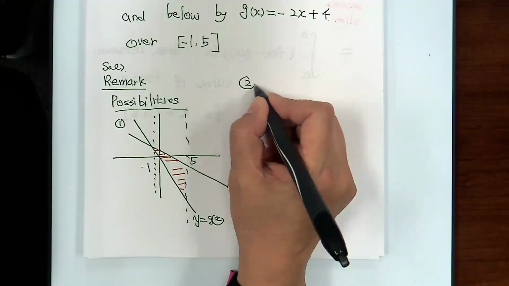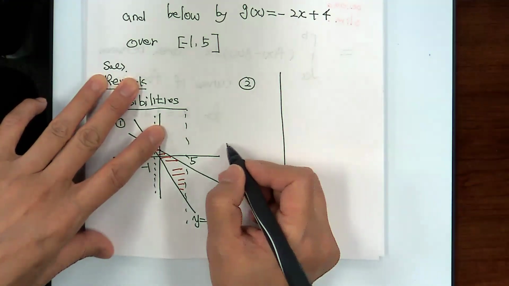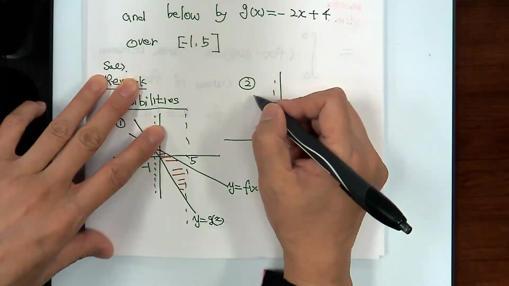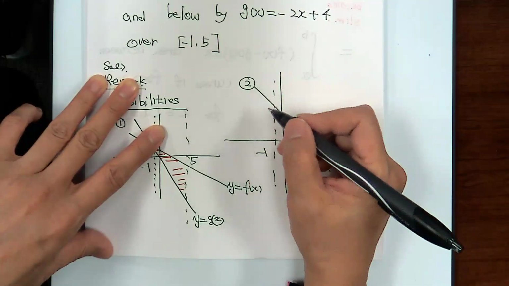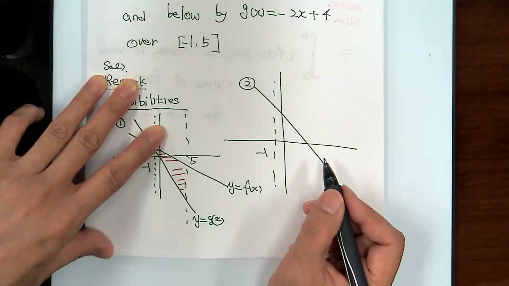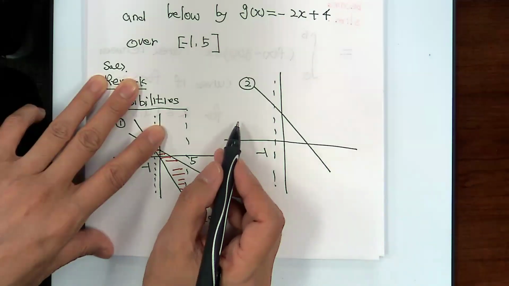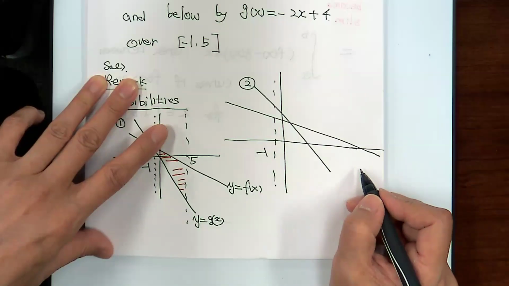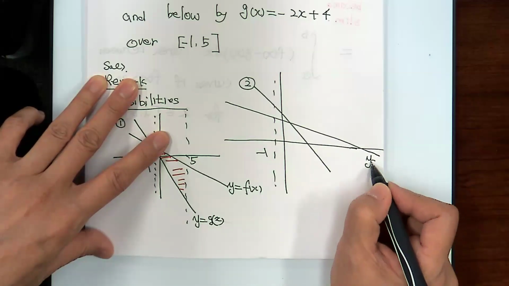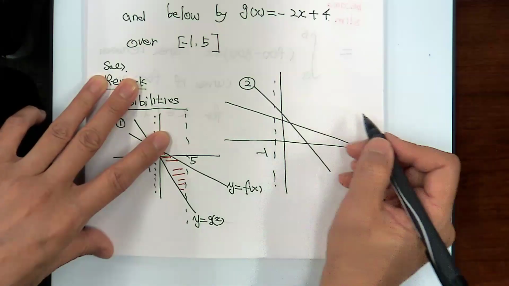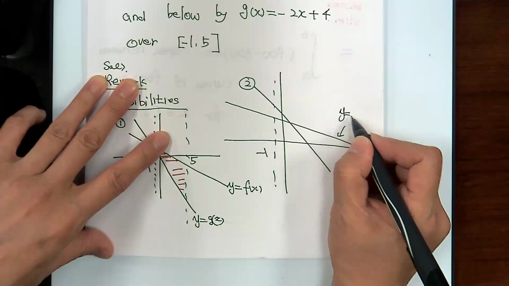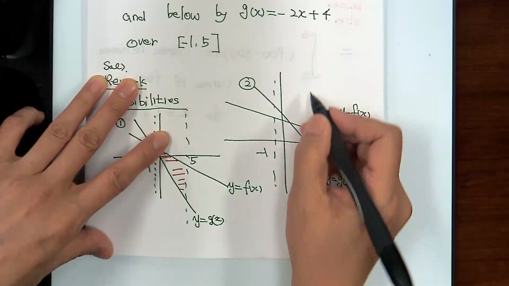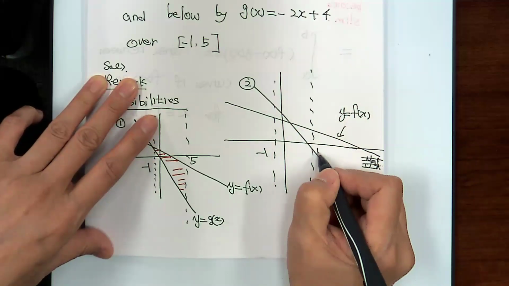But there is another possibility. It becomes like this. Based on the problem, this one is y equals f of x, this one is y equals g of x, and this is 5.